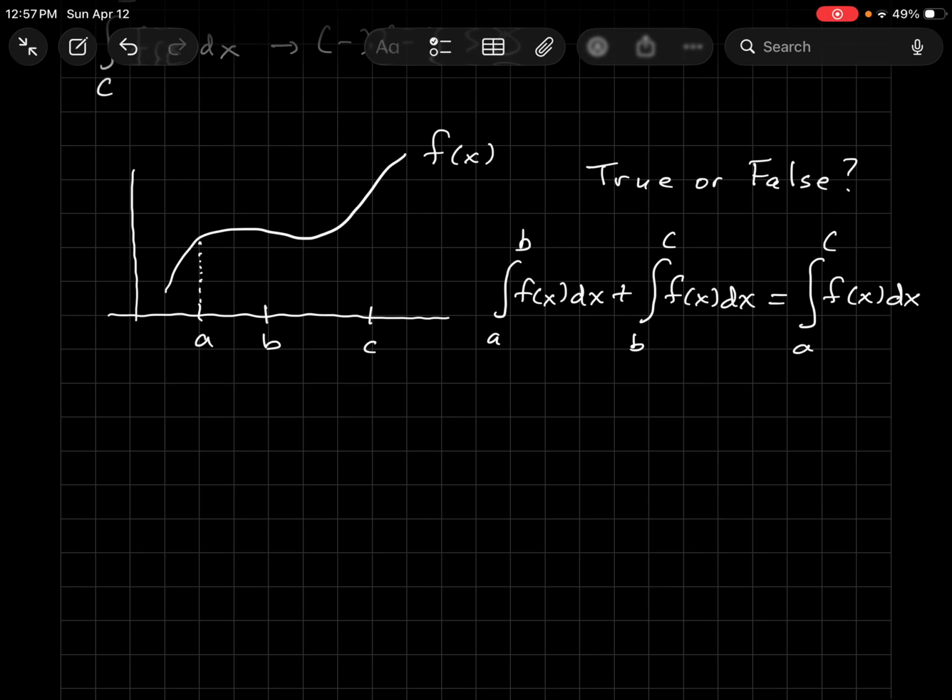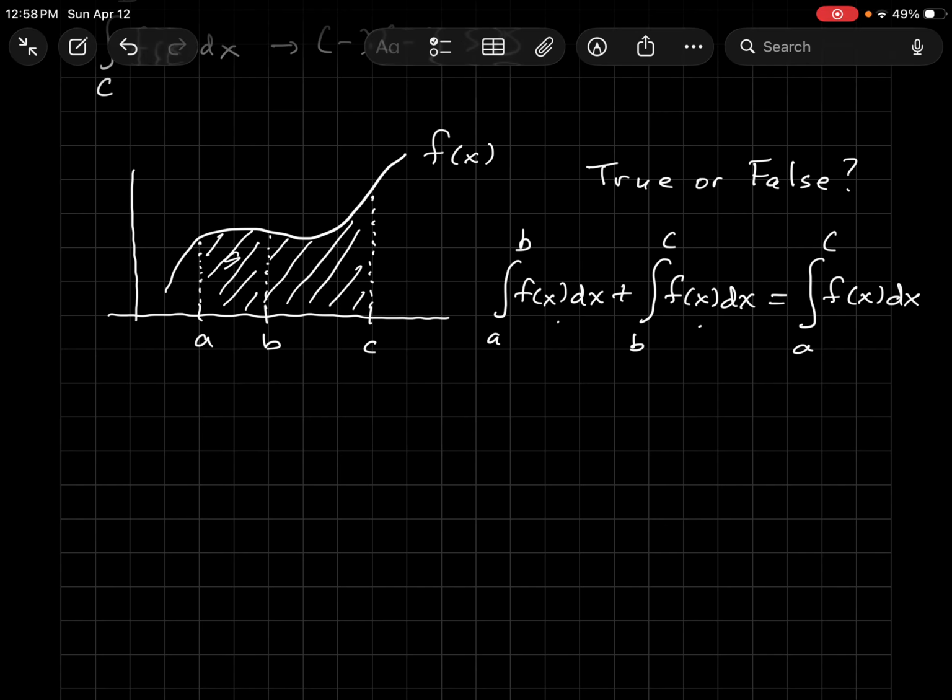If I consider this in terms of area, my first integral says, let's do the integral from a to b. In this case, positive times positive gives me positive. The second integral is the area from b to c. Does that equal the area from a to c?